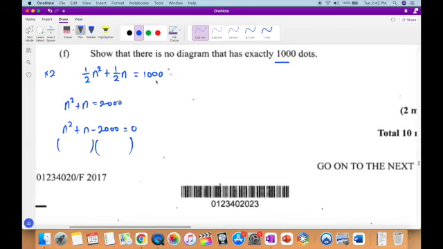So I'm just going to go in my working column, and I am going to use my quadratic formula. So minus b, which is minus positive 1, plus or minus the square root of b squared minus 4ac, where c is negative 2000, all over 2a. So what do we have here?